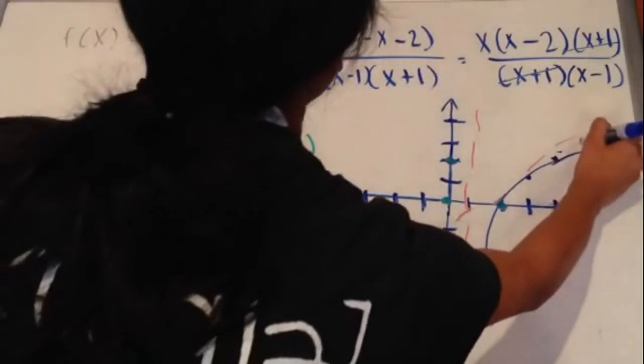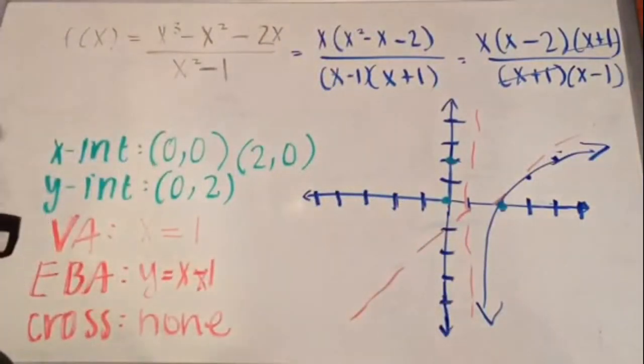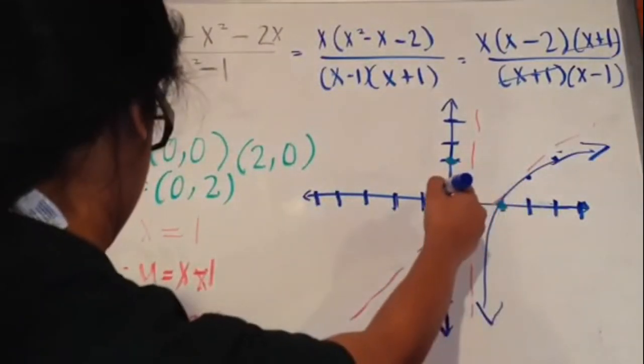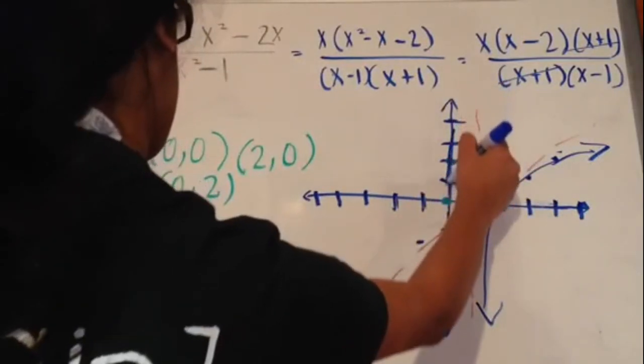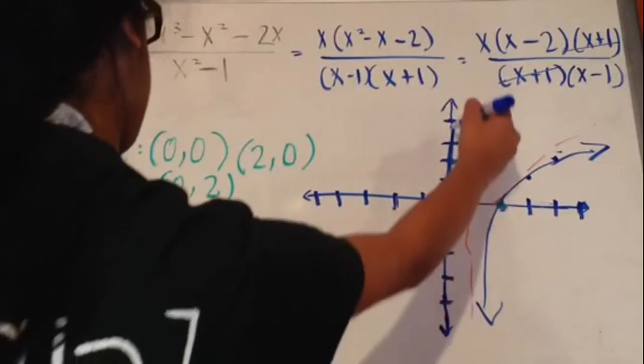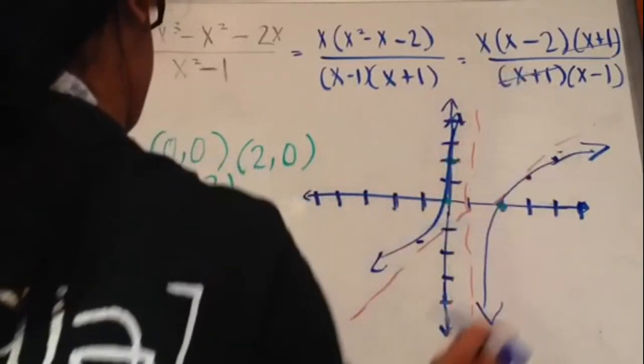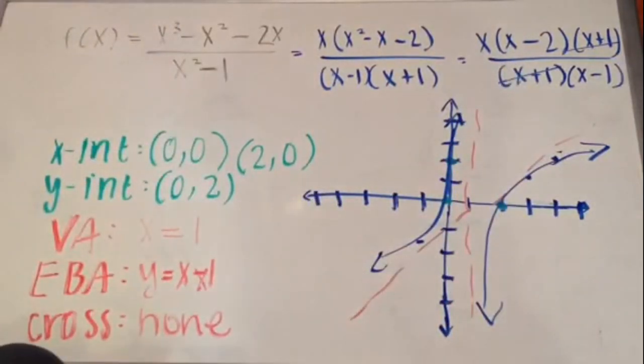Then we connect the dots. Now we are left with this as our graph.